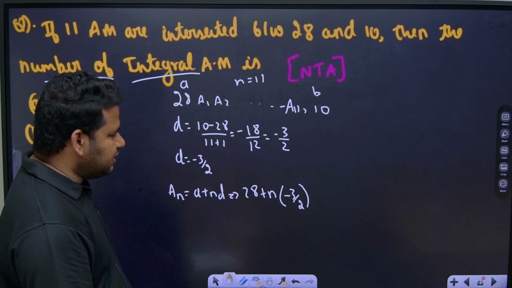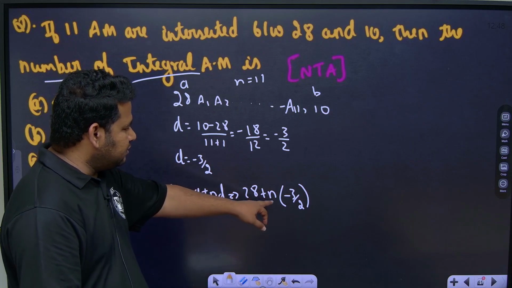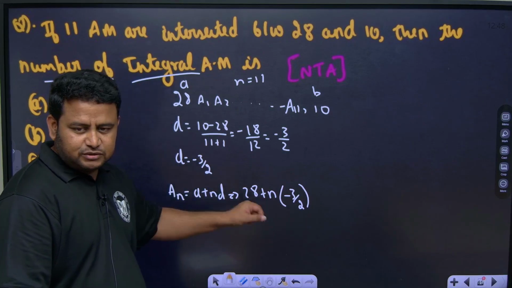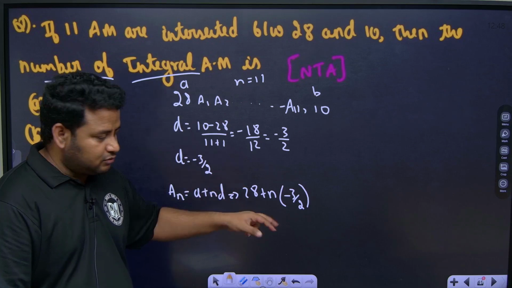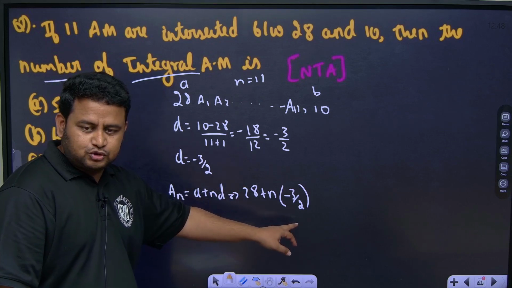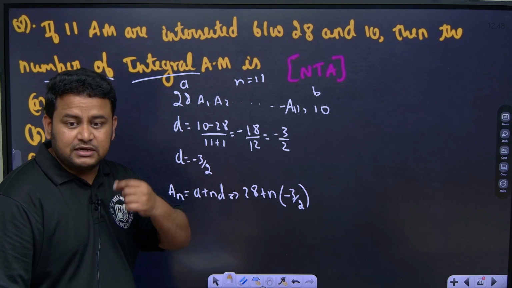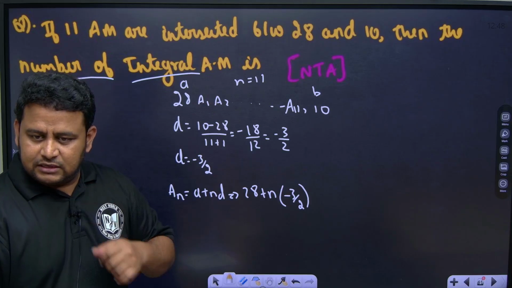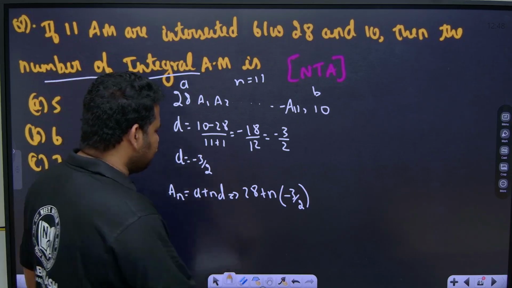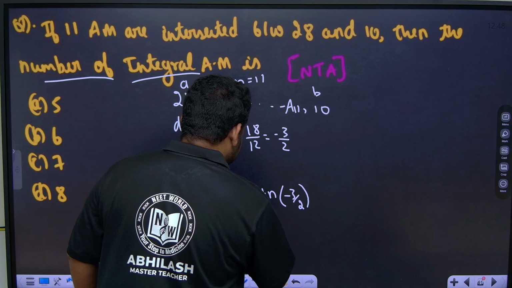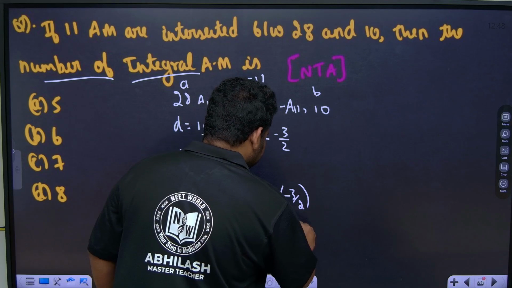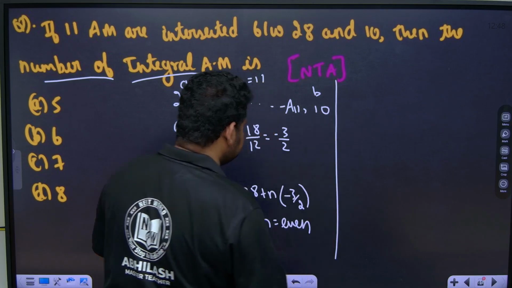Like that I have to put some value for n. Since there is a 2 in the denominator, if I have to get an integral value, this 2 should be eliminated, so I should put n as an even number. Therefore n should be even.